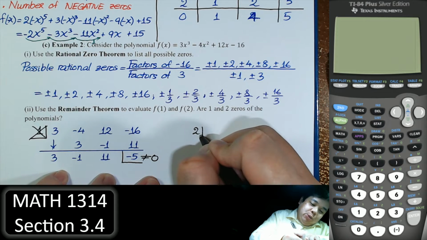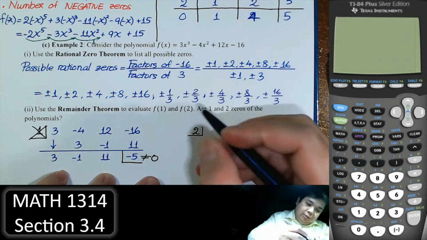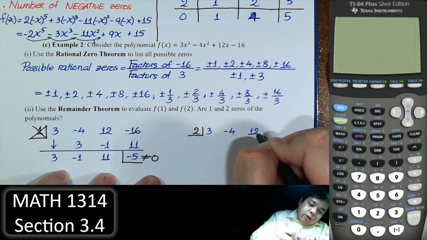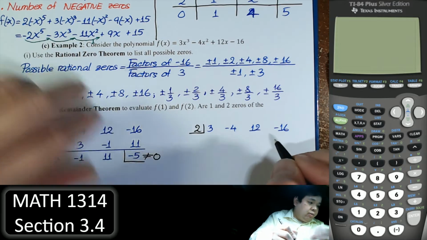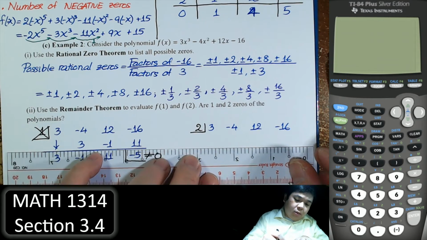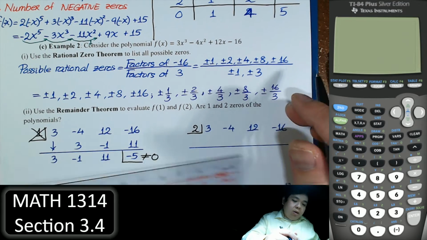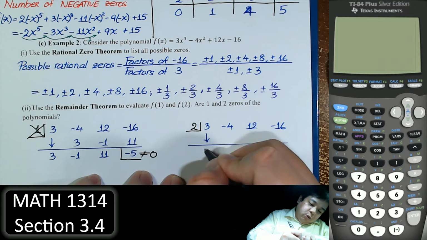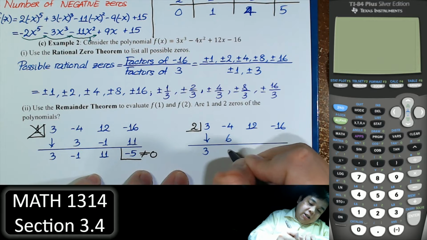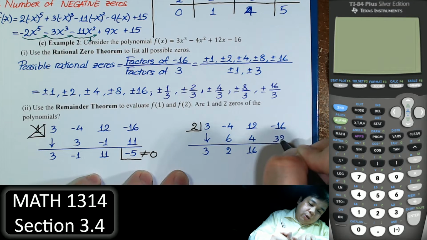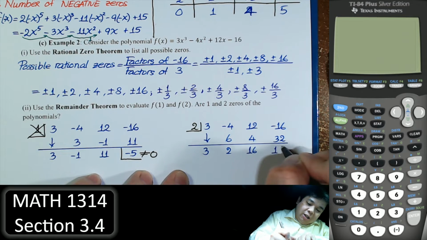Now try 2: 3, -4, 12, and -16. Right, drop down the 3 again. That gives us 6, 2 times 2 is 4, 16, 32, well that's 16.